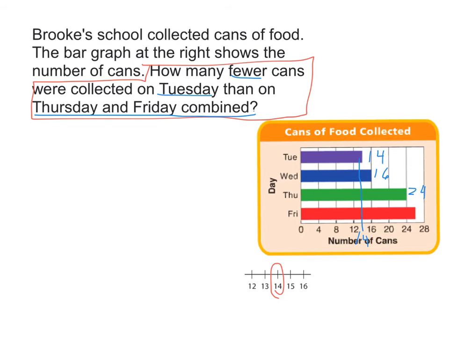And on Friday, that bar ends in between 24 and 28. So what number would be right in between 24 and 28? So let's again look at a number line to see which number would be in between 24 and 28.